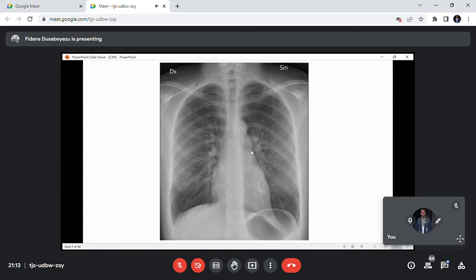Normally the left hilum is elevated, above the right one by 1.5 to 2 centimeters. So when you see them at the same level, you have to ask yourself why. Is something pulling or pushing one of the hila?